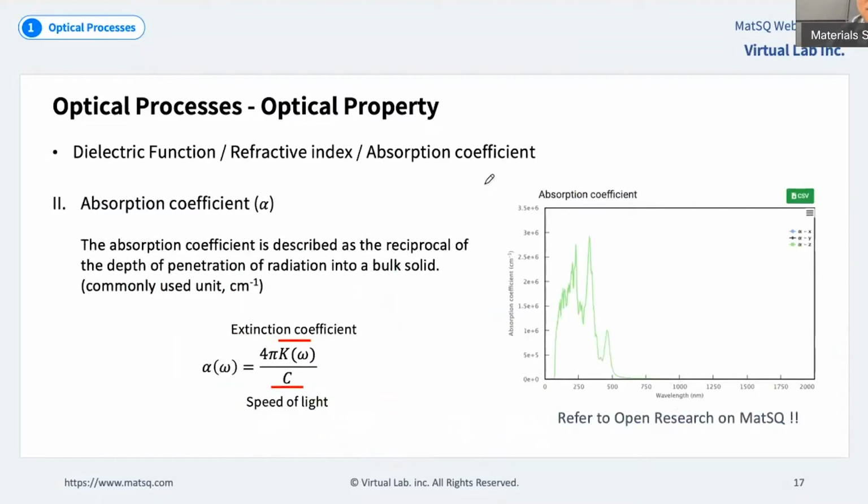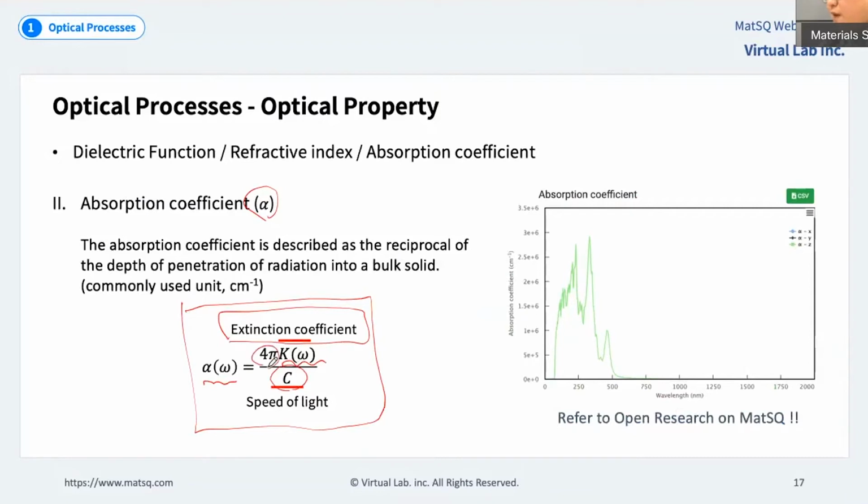The last one is the absorption coefficient alpha. This is quite an important feature in solar cell applications and other optical applications. It is the reciprocal of the depth of penetration of radiation into the bulk solid, commonly in inverse centimeter units. Alpha as a function of omega can be calculated from the extinction coefficient k(omega), multiplied by 4 pi and divided by the speed of light.